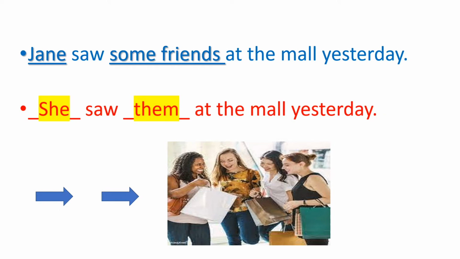Look at the answers. Jane saw some friends at the mall yesterday. Jane is the subject of the sentence. I use she. Some friends is the object of the sentence. I use them. So I say she saw them at the mall yesterday.